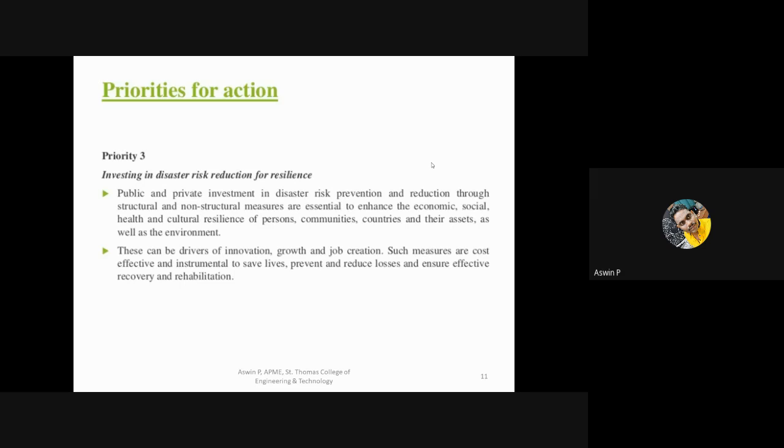There are structural and non-structural measures which are very essential for the social, health, economic and every area of resilience of the people as well as the community. So we have to invest in disaster risk reduction. And this can be a driver of innovation. Definitely, whenever we invest, the people on the scientific or technology side may implement new technologies to prevent disaster or mitigate its impact.